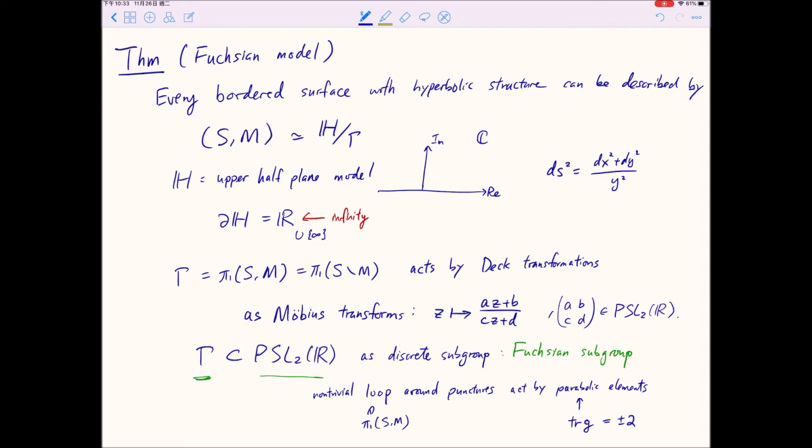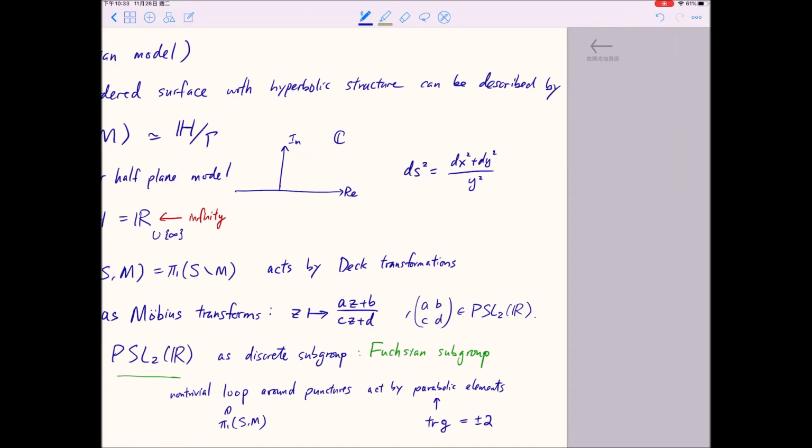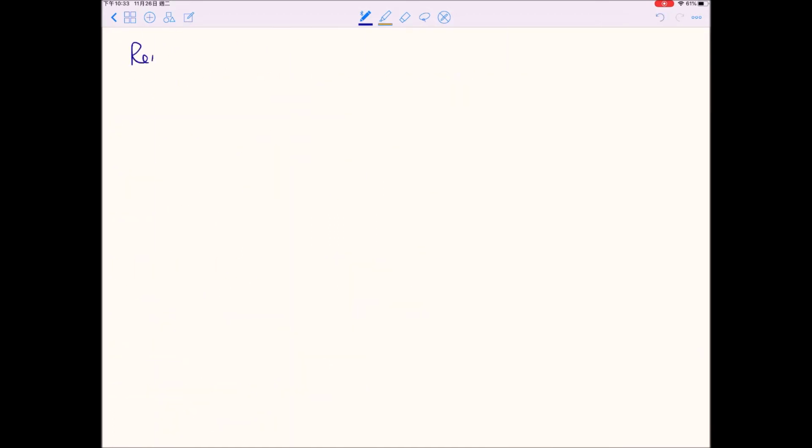So this is one way to see the hyperbolic structure of a surface, but as we all know, there is also another model of the hyperbolic space known as the open unit disk model or the Poincaré disk model. So here it turns out that this might be a more convenient setup for us.